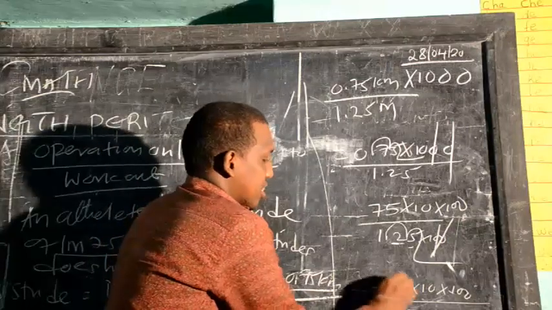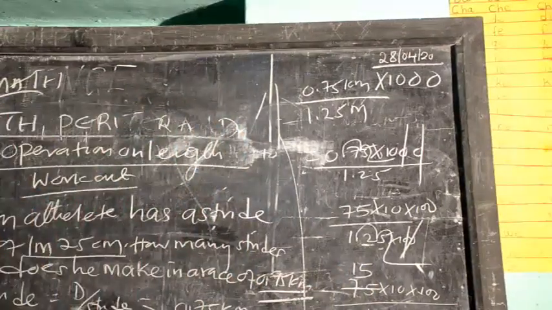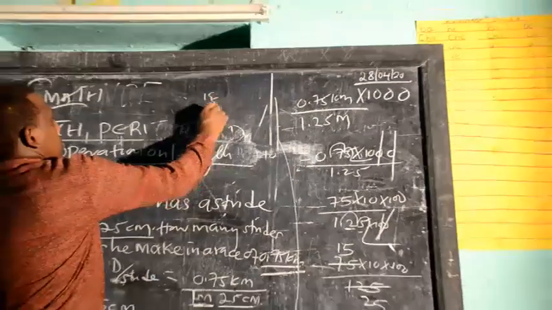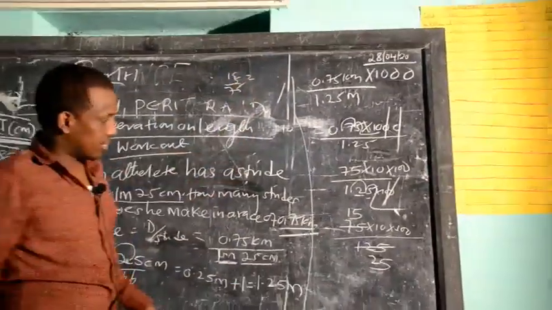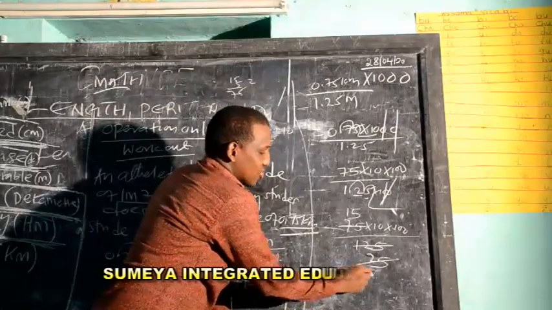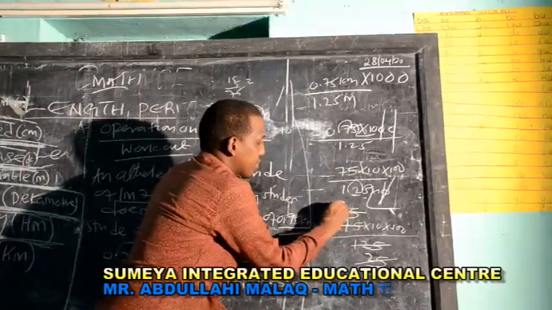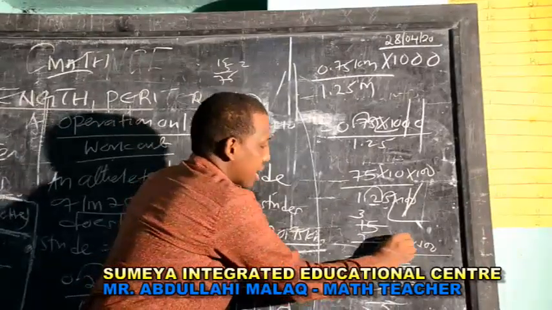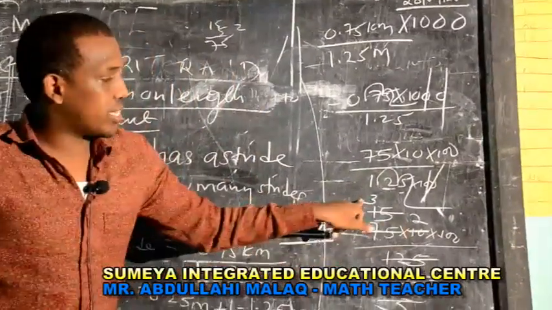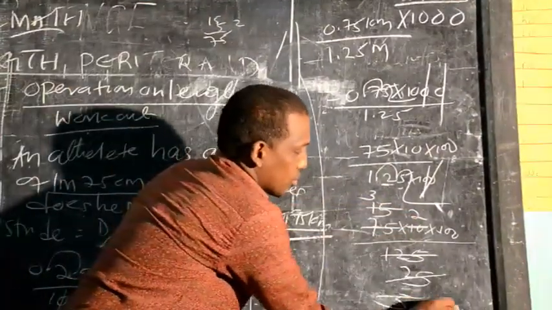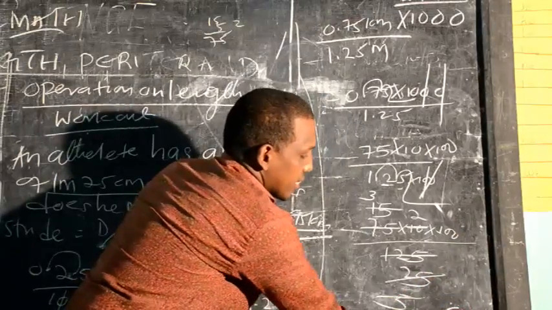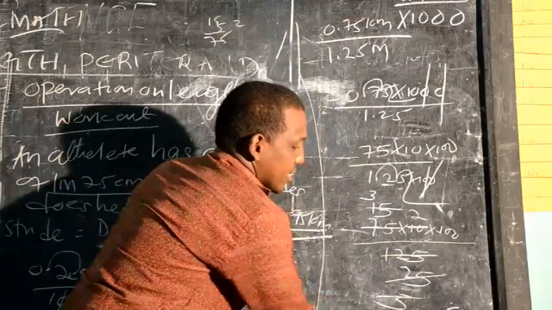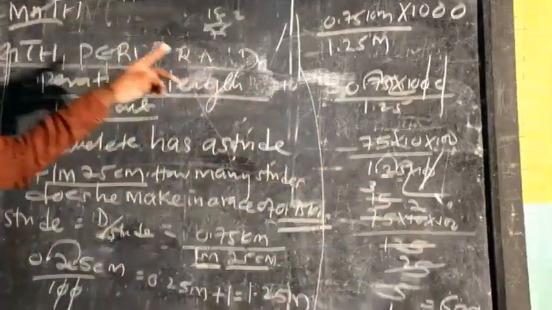By 5 is 15. 15 times 5, 75. By 5 is 5. By 5 is 3. By 5 is 1. By 5 is 2. So 3 times 2 is equal to 6. Then times 100, 600 strides. That is how we solve.